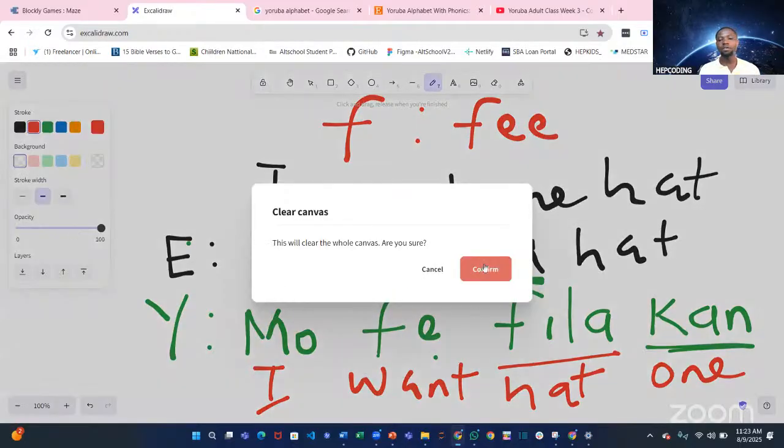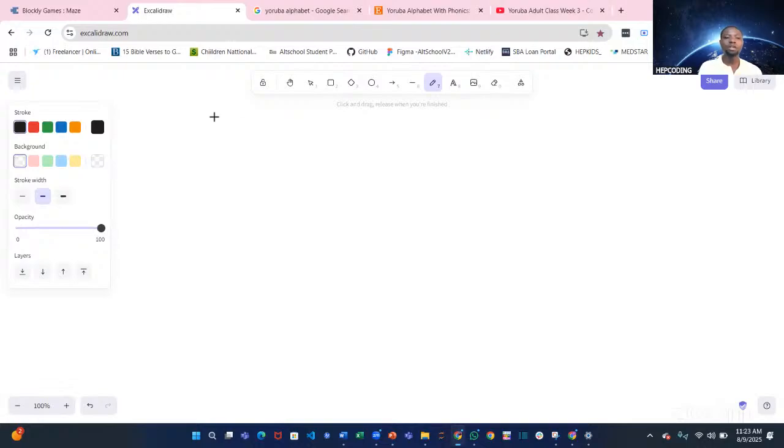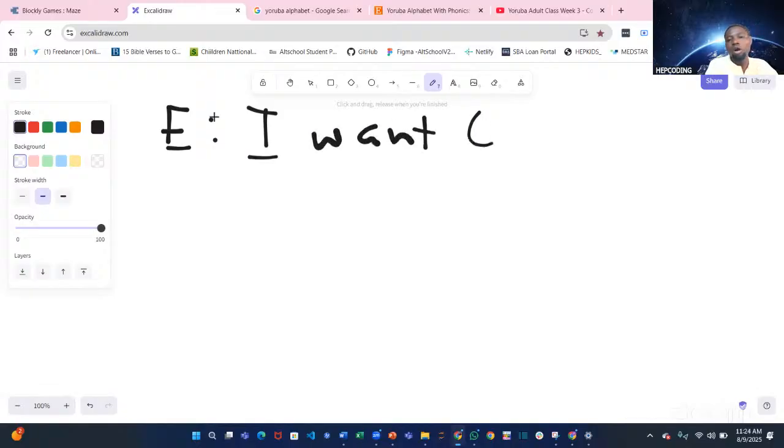Let's reset the canvas. Let's still stay on fee. Okay, so for English, let's use black. You will see, I want one cup, pot, whatever you like to call it. I want one hat or one cap. Let's use hat so that it's the American way of thinking. I want one hat.